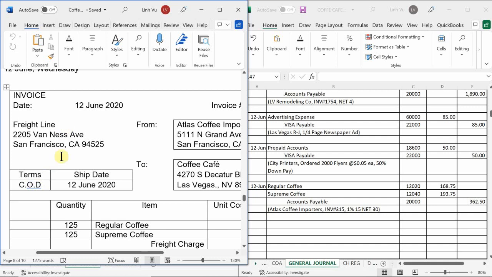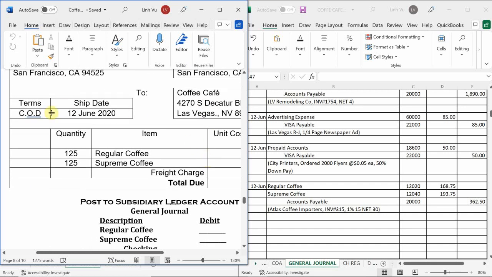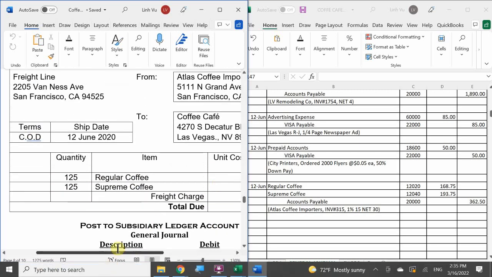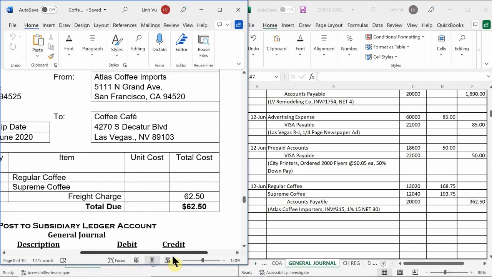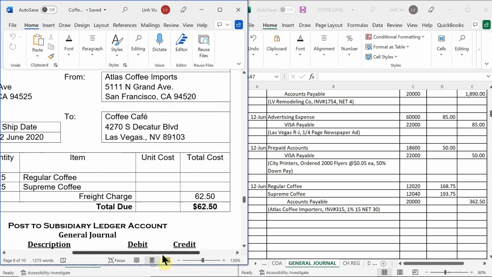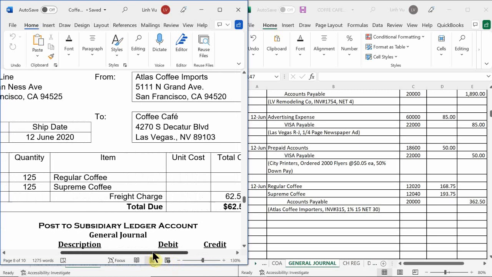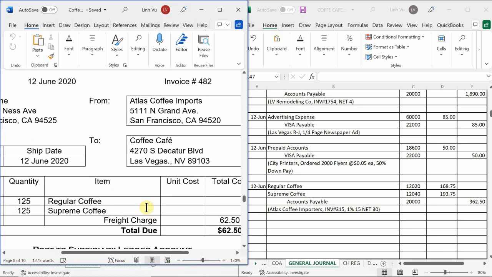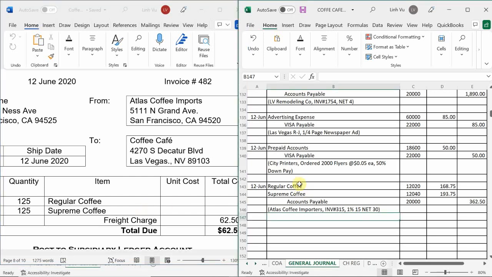So that means I must pay this vendor in order for me to receive my coffee. Okay, so there you go. For delivering 125 pounds of regular coffee and 125 pounds of Supreme coffee, they charged me a grand total of $62.50. Okay? So in this case, how do I record the freight for my inventory?